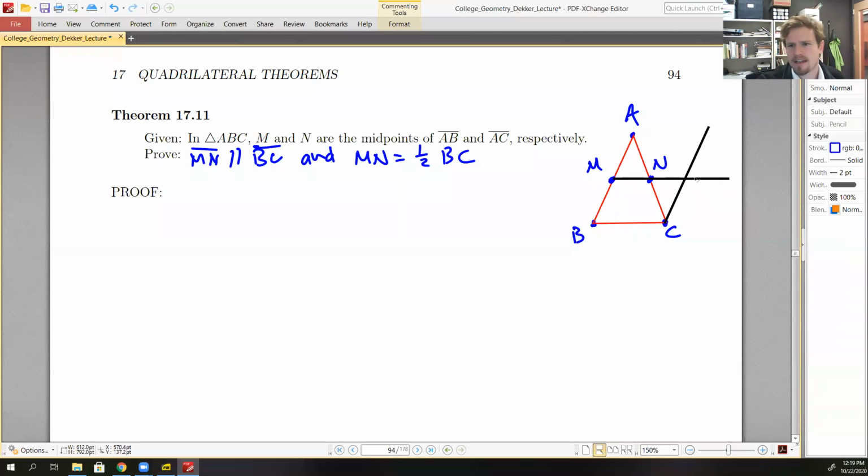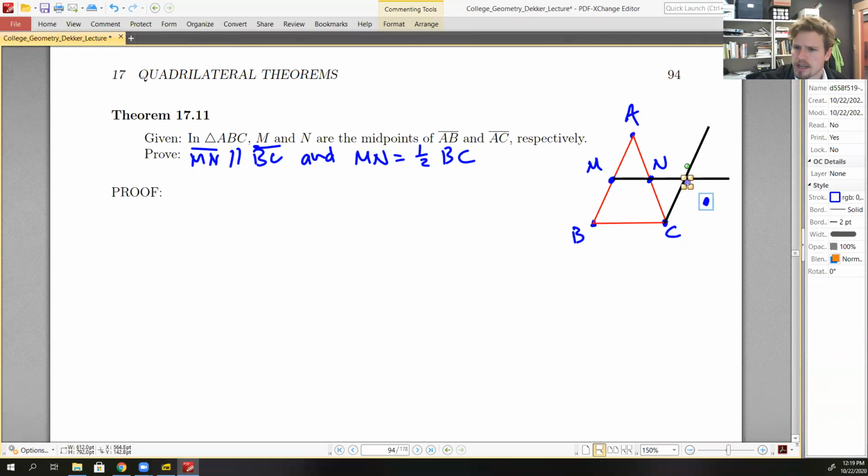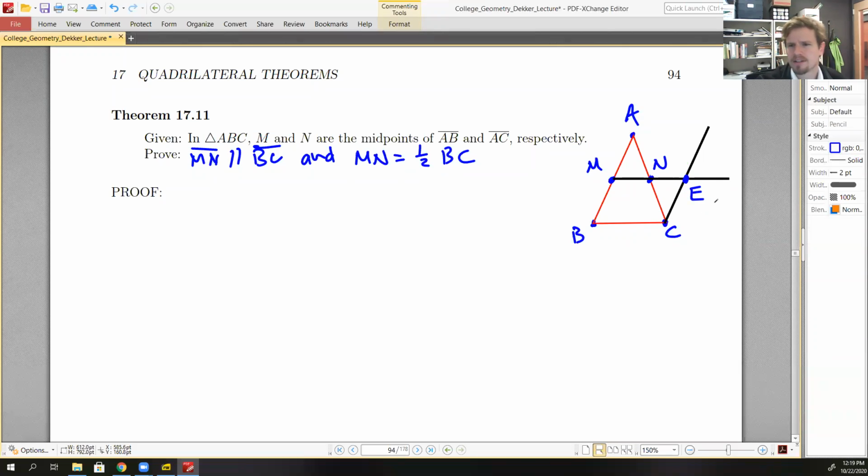And then let's say that those two lines cross at some point E. Well, because N is the midpoint, this side and this side are congruent to one another. So that gives us congruent sides.